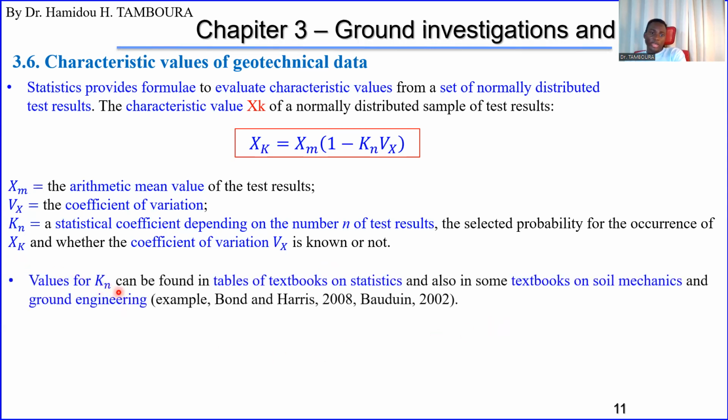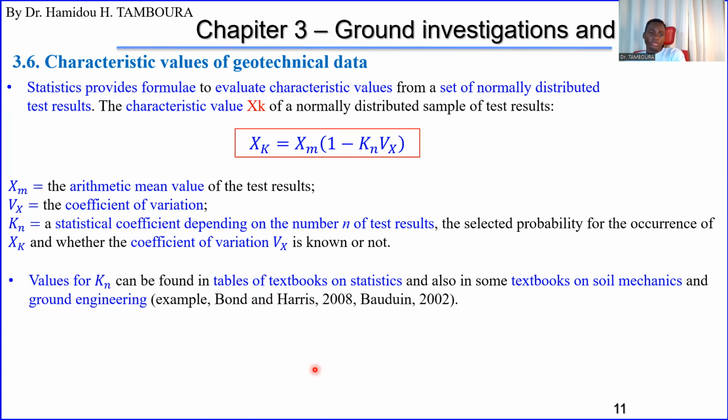The value of Kn can be found in many tables of textbooks on statistics, also some textbooks on soil mechanics or ground engineering. Here are some references you can check by yourself.